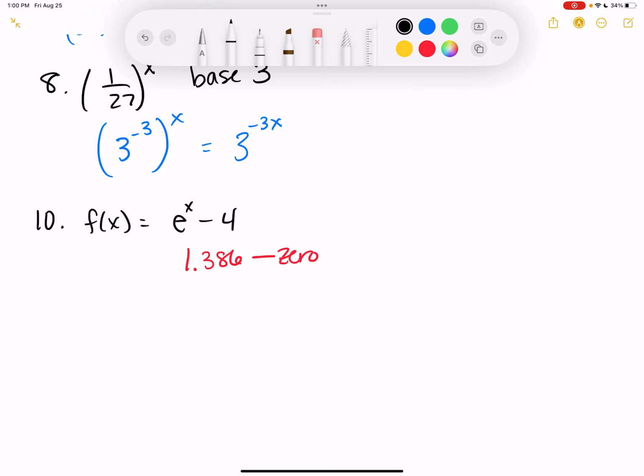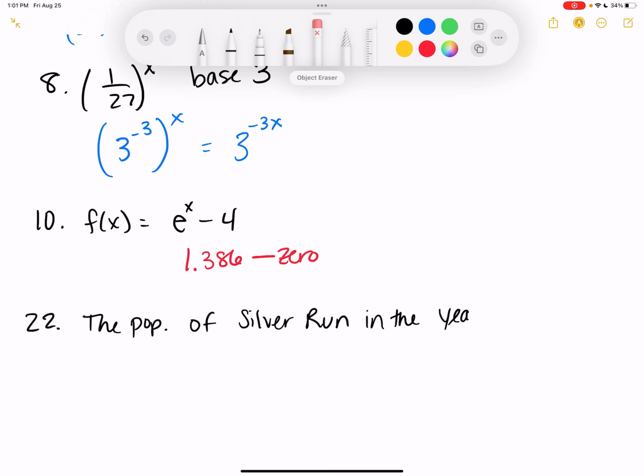Okay, 22. The population of Silver Run in the year 1890 was 6,250.